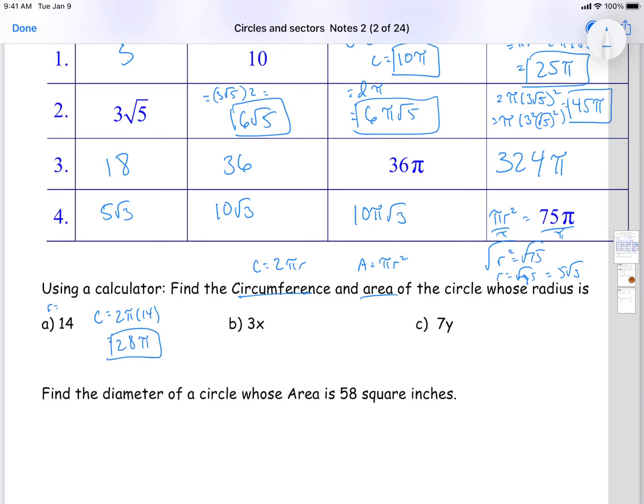And again, I'm not going to expand it. And then my area is going to be equal to pi times 14 squared, which is equal to, I don't know 14 squared off the top of my head, 196 pi. Okay.